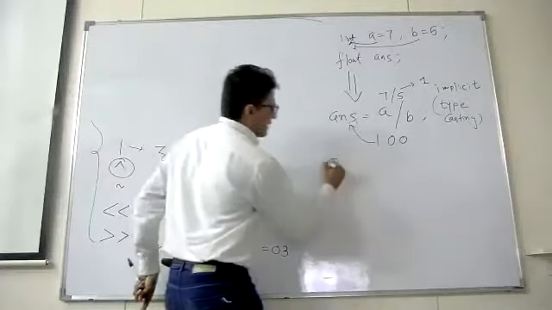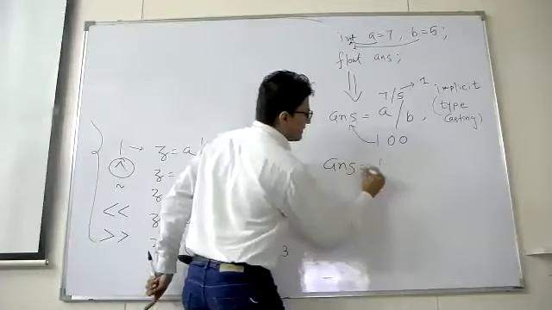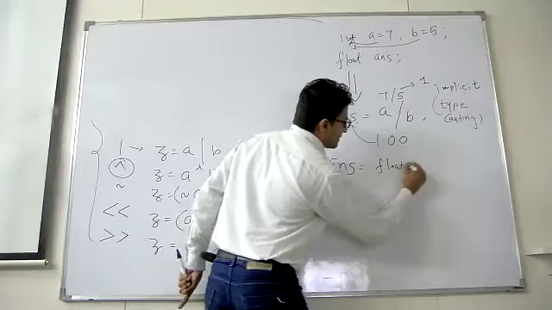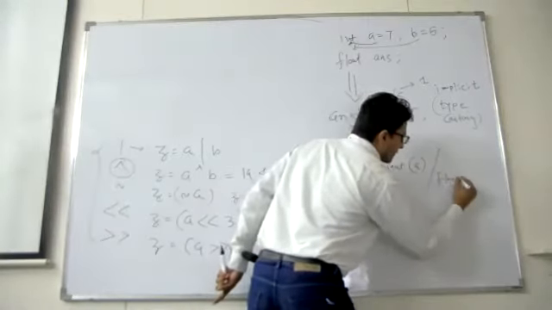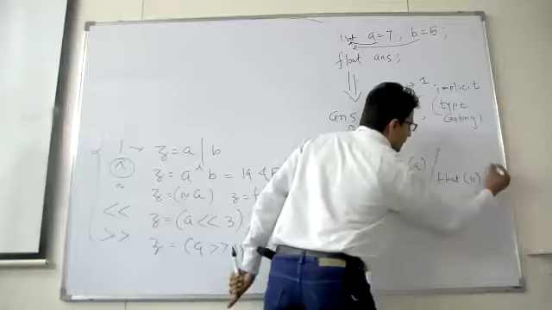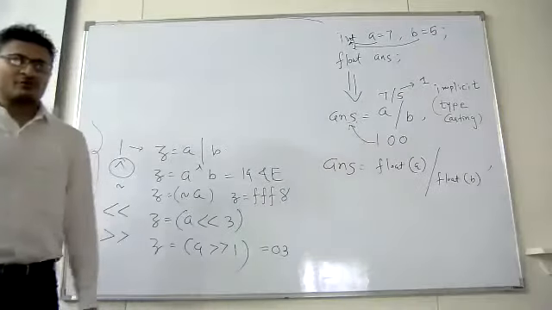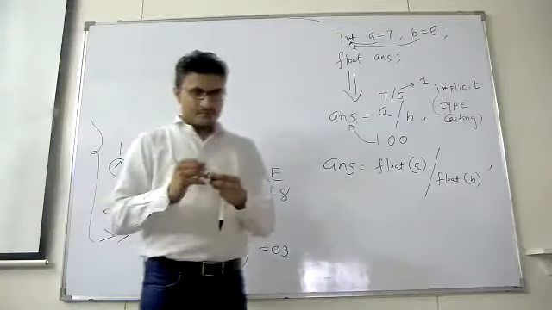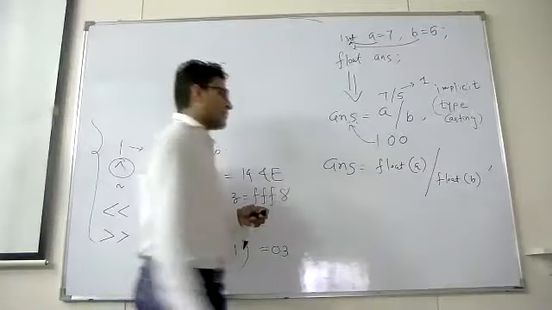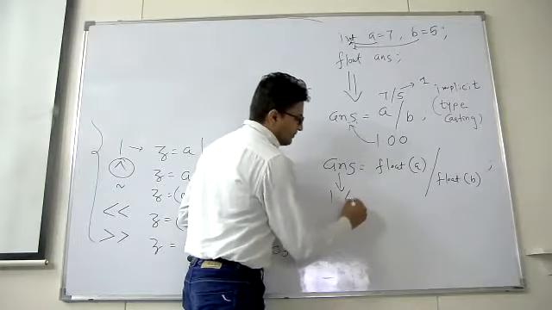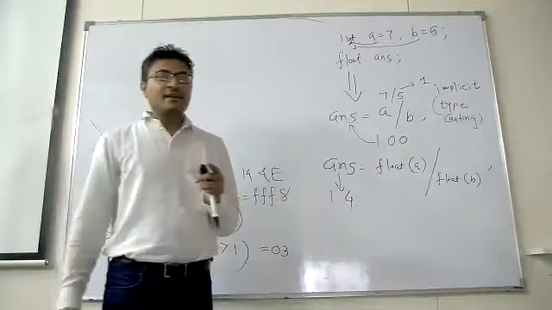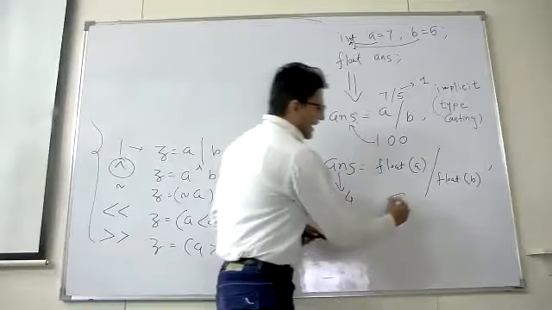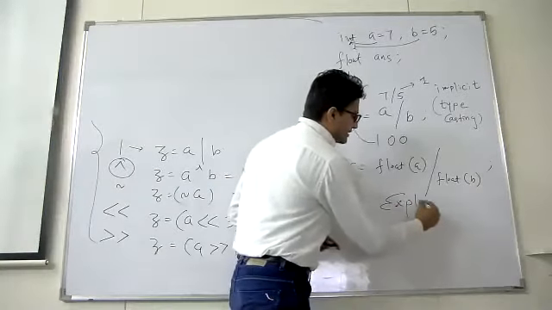Now one more thing. Answer is equal to float A divided by float B. Then what would be the answer? 1.4. It is called explicit typecasting.